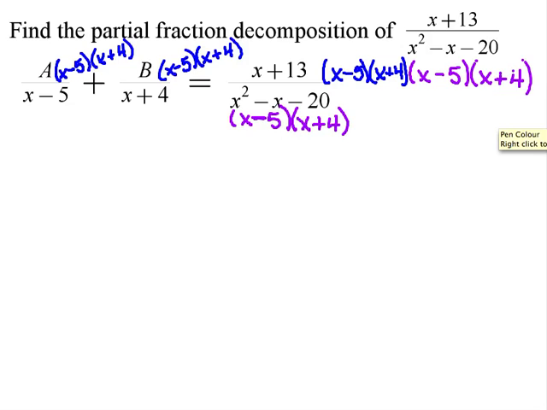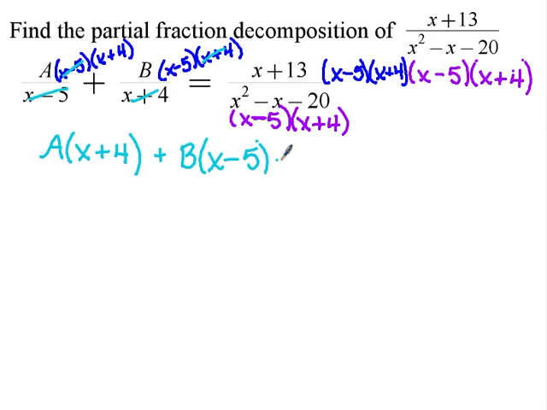Now let's look at the first fraction. I've got this and this that are in common, so that leaves me with A times x plus 4. What happens on the second one? Yep, B times x minus 5. Very good. And then what will that equal?